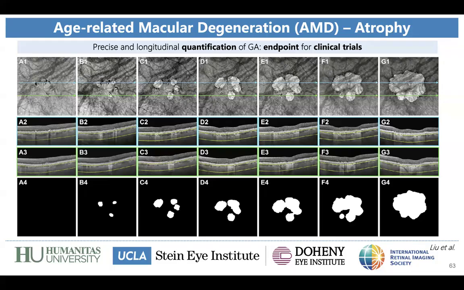And your point is great, because also according to the recent classification, the consensus from the CAM group in 2018 from Dr. Sadda's group, we should very carefully distinguish complete RPE and outer retinal atrophy, so cRORA, from iRORA. So thinner segmentation at the level of the RPE and outer retina is very important.